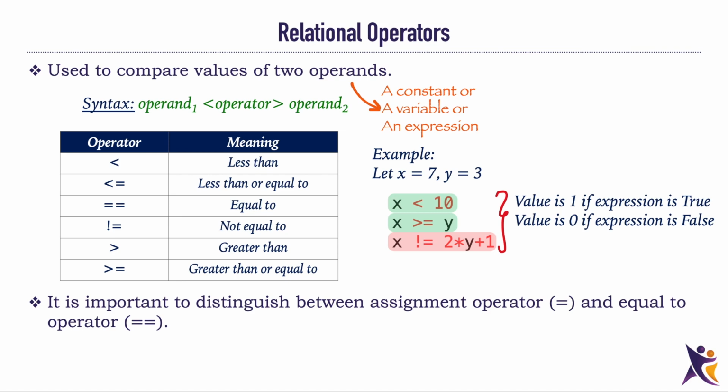But when we consider the equal to relational operator, where we have double equals, it means we are just comparing the left hand side and right hand side. We are not assigning the value of the right hand side to the left hand side. So you should be careful when you are working with these equal to operators, right? So that is all about the relational operators, and now we'll see logical operators in the next lecture.